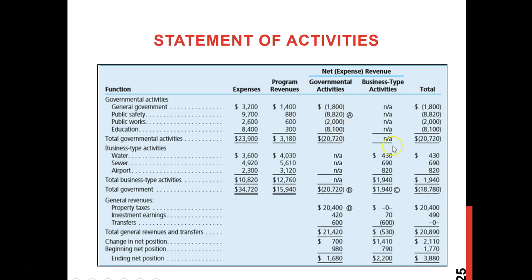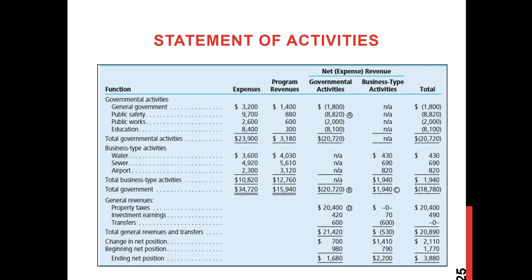They will add all the numbers across the columns, and this is how you will find the net change in total net position after adding both governmental and business type, which is 2110, and then the beginning amount was 1770, and then at the end their net position is 3880.